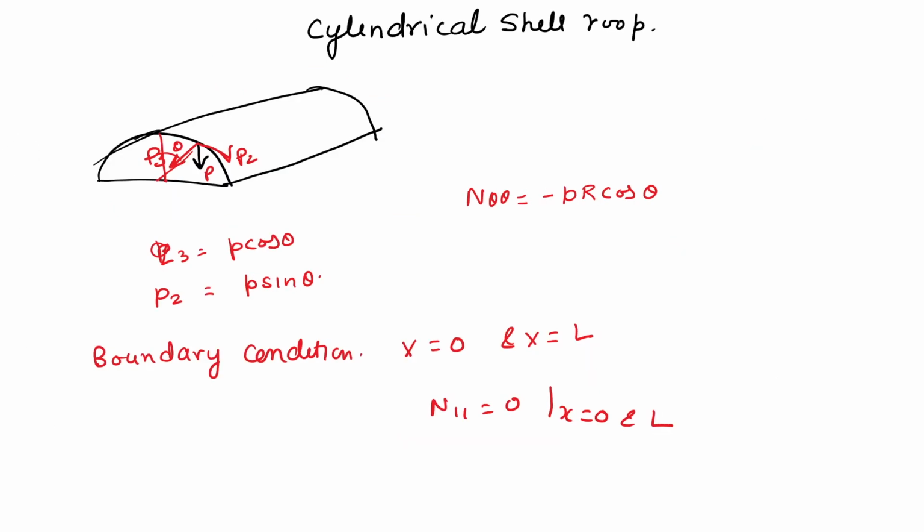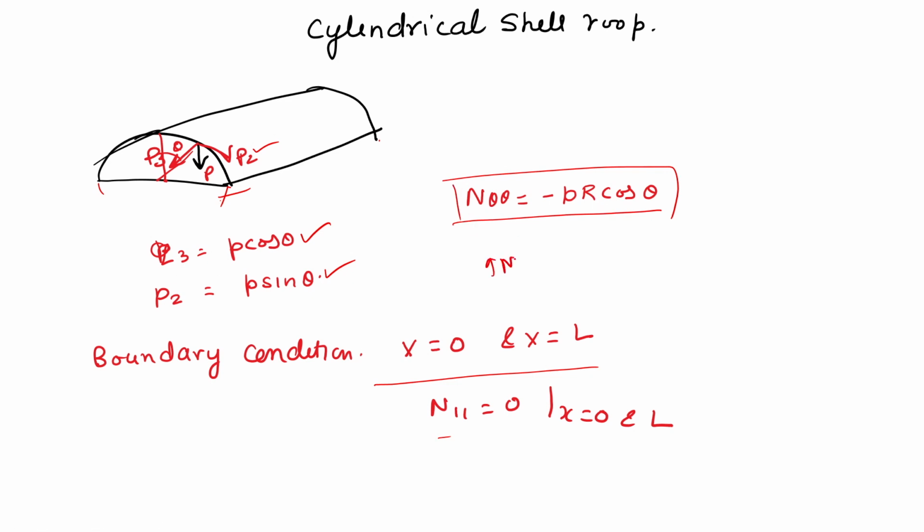Next, the cylindrical shell. Again we have to define the components of loading and the boundaries, that it may be simply supported, x is equal to 0 and x is equal to a. From there one can find out the n theta theta and then nx theta and then nxx finally.